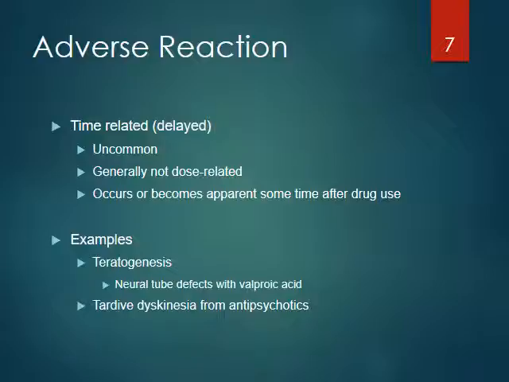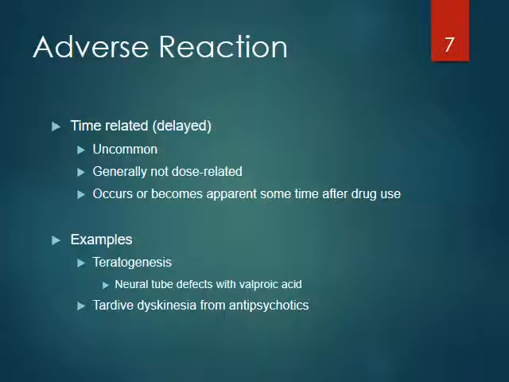Say, for instance, you had a patient who was receiving valproic acid for seizures or for bipolar disorder. If they did not inform you that they were pregnant, or were not aware that they became pregnant, you could end up developing neural tube defects in the fetus, which may lead to a non-viable fetus, or it could lead to some significant birth defects.